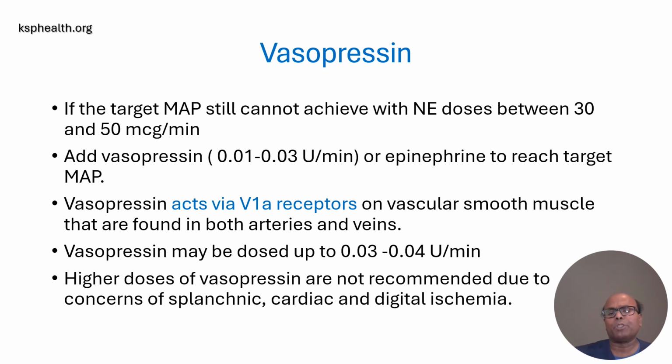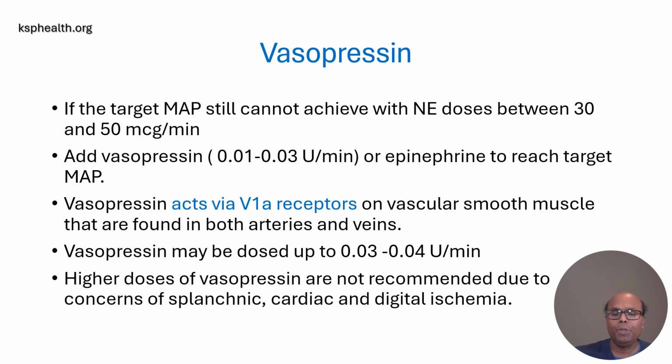If the target MAP still cannot be achieved with norepinephrine dose of 30 to 50 mics per minute, which is adult dosing, add vasopressin 0.01 to 0.03 units per minute, or epinephrine to reach target MAP. Vasopressin does not act through the adrenoreceptors.